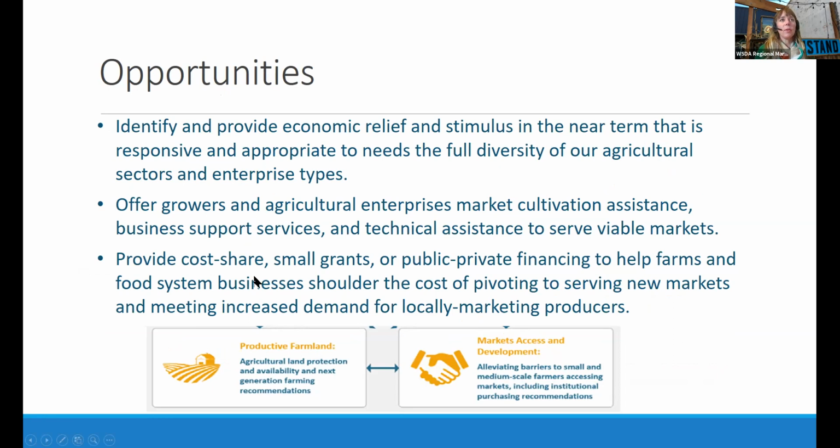Targeted business support services, specific cost shares and small grants that were offered maybe through the Small Business Administration program rather than through the Department of Ag, because a lot of the more local food and farming businesses don't have those relationships with the USDA lenders that bigger commodity farms really rely on. So the forum was recognizing that the channels to accessing these sorts of resources needed to be targeted to the need.